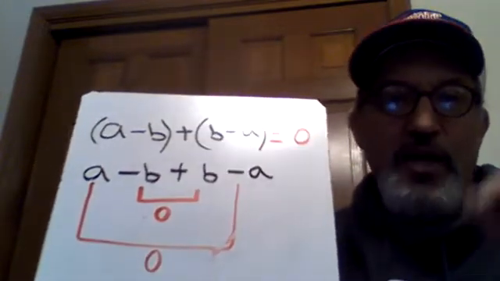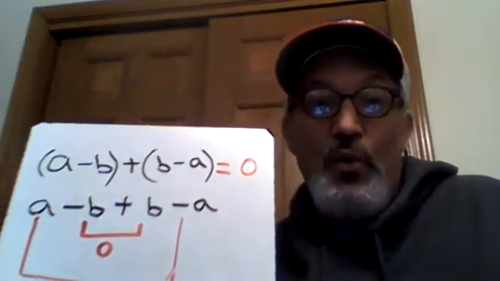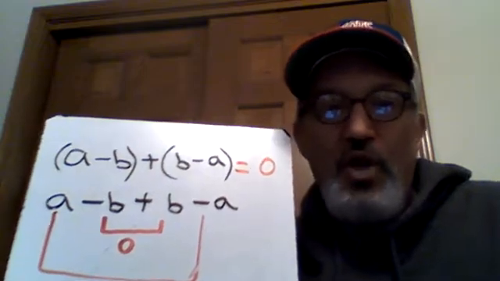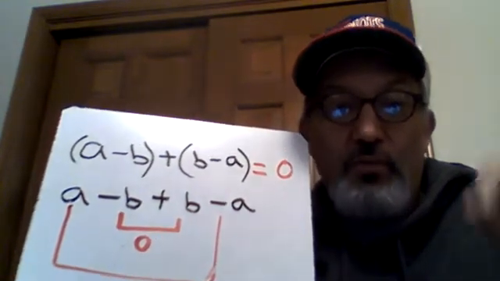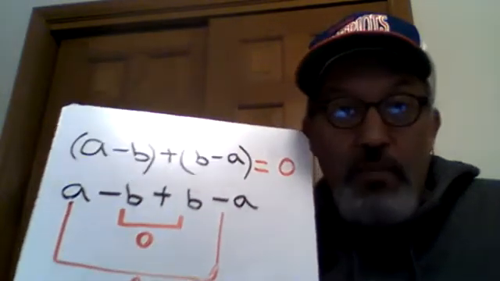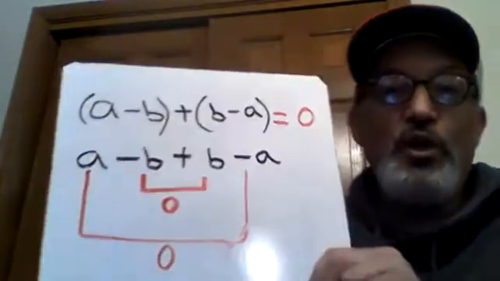A minus b and b minus a are blanks, beginning with an O. The answer is opposites. You see, so subtraction is not commutative, but when we change the order of a subtraction, we don't get some random answer, we get the opposite of the other answer. And we'll look at a few examples of that right now.